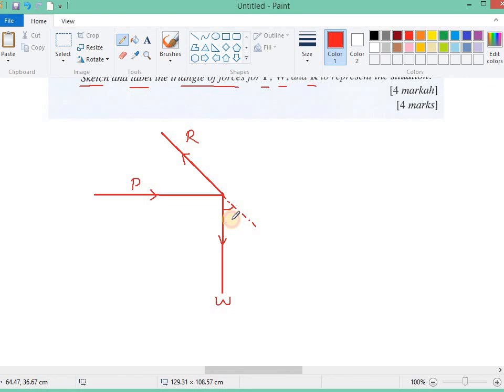Okay, we take that this angle is alpha. So later when we move these three forces to form the triangle, we will be able to see where the angle is. Okay, so we maintain.